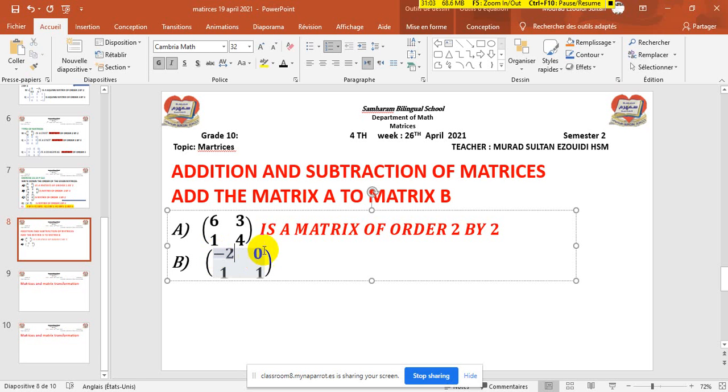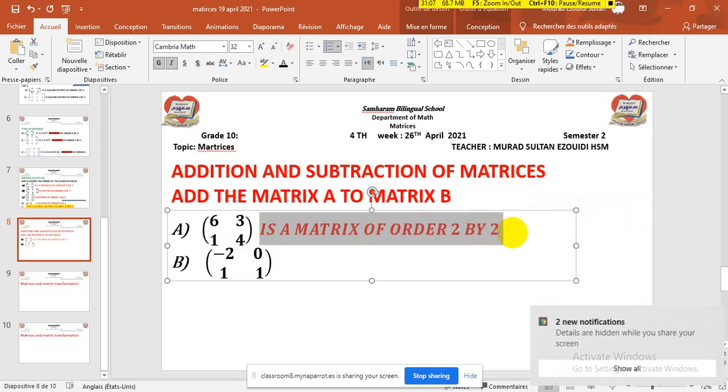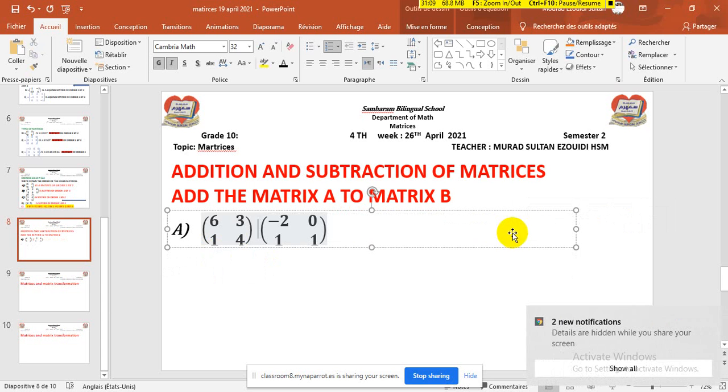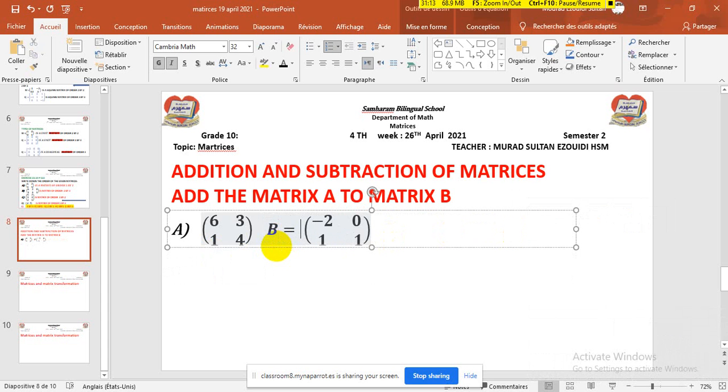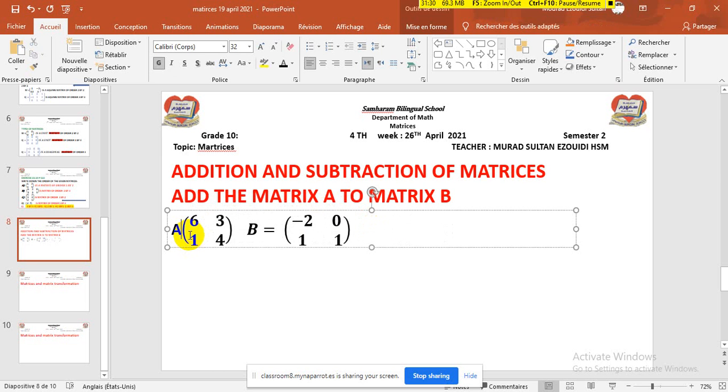Okay, my daughters, here we have two matrices, A and B. The question is, try to find the total of these two matrices. You will do what exactly? This is A. Good girl.